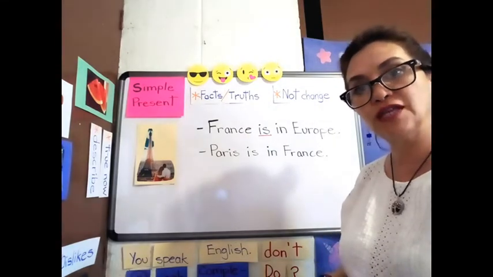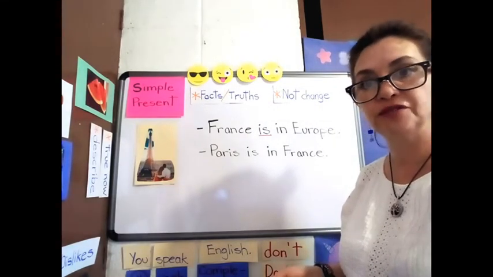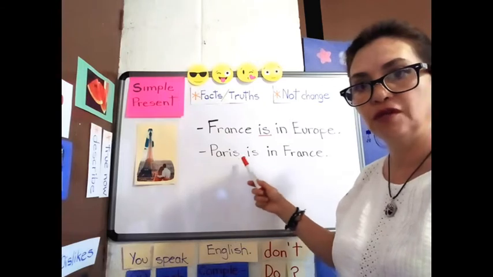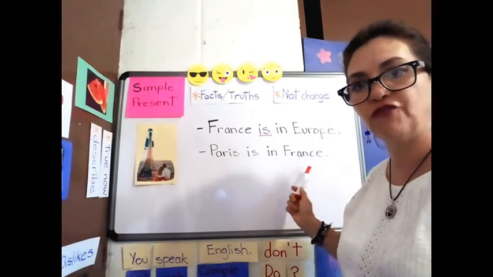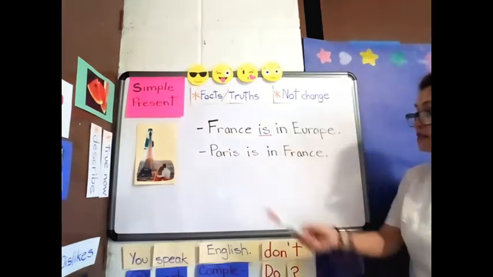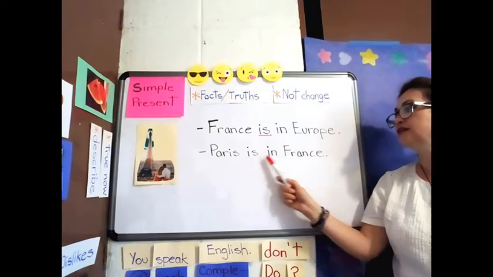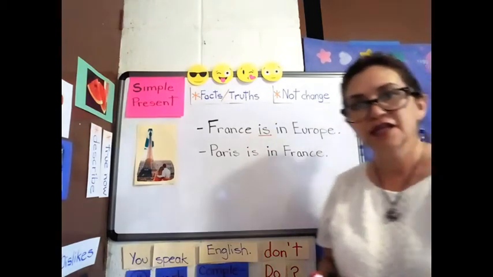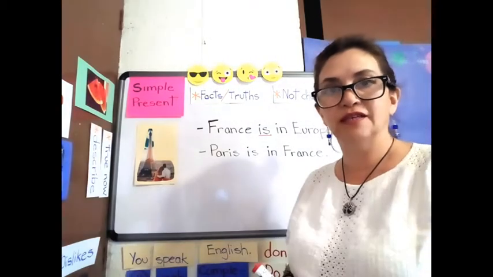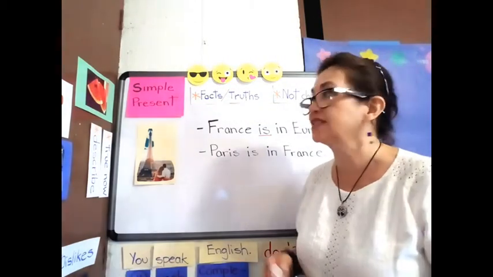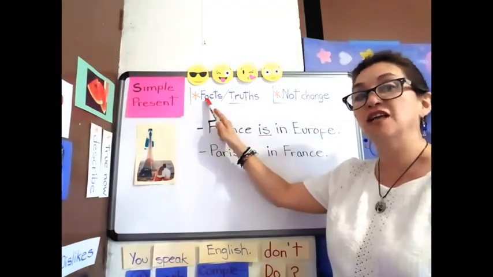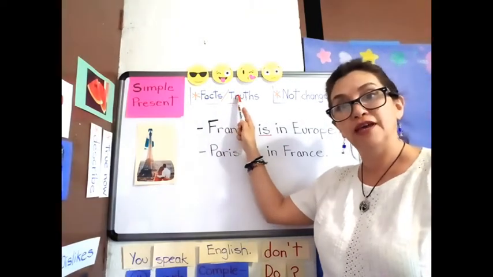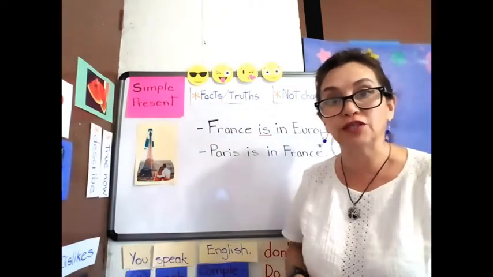Everybody knows it, and it will never change. Another example. Paris is in France. Can you read the sentence? Paris is in France. Everybody knows that, and it will never change. It is a fact, a general truth, and something that will not change.